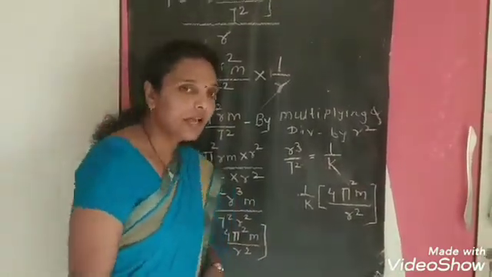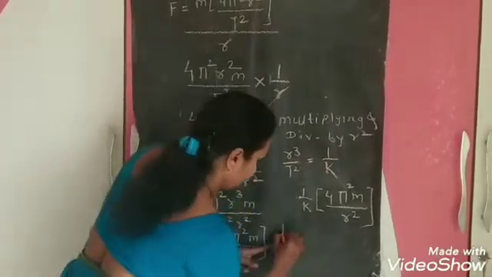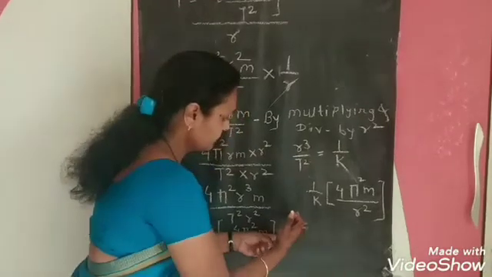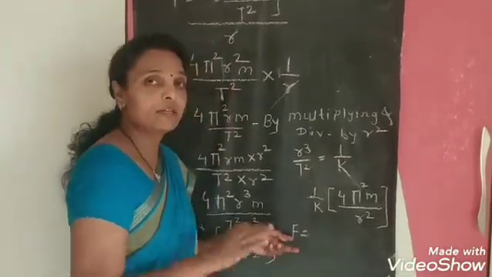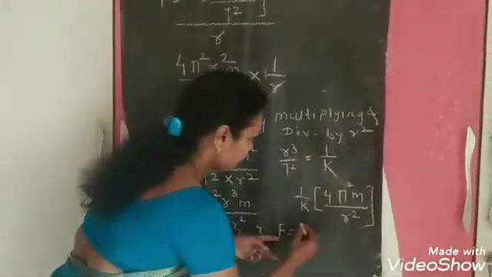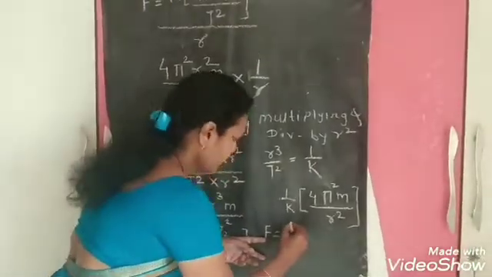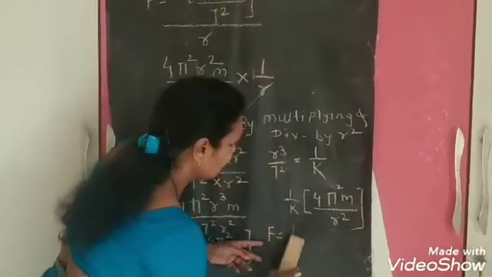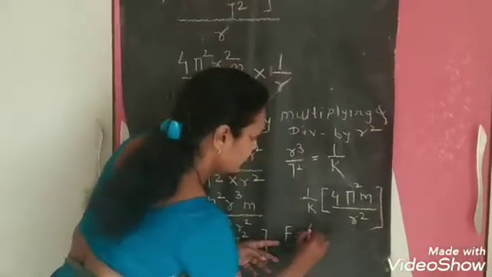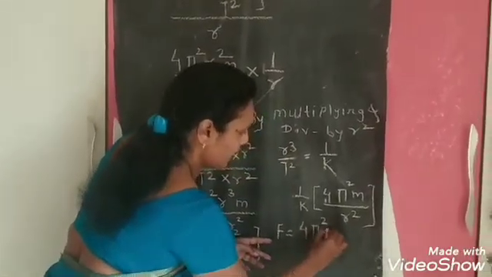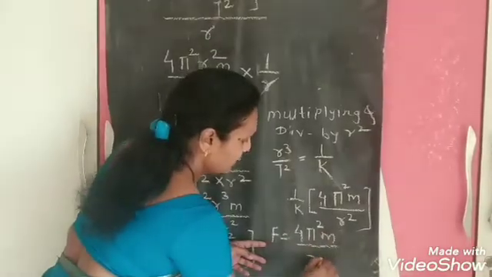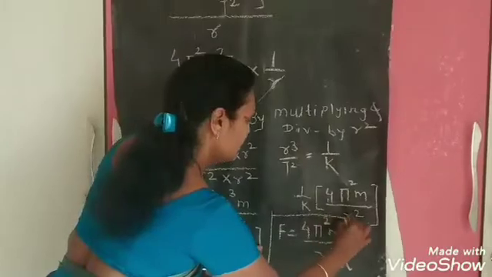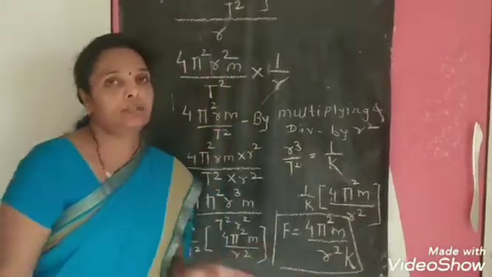So here F is equal to, our final derivation, force is equal to, which force? Centripetal force. 1 upon k into 4 pi square m upon r square. So this is our final equation.